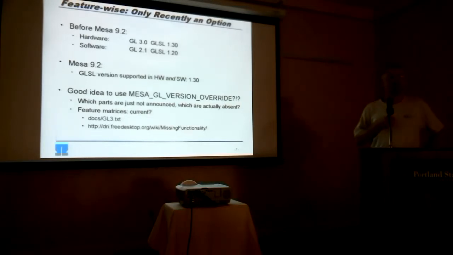What do you think? So I think for the particular case that you have here, where you're trying to use a software rasterizer that's just missing one feature that you're not going to use anyway, the version override is fine. So about your next point, the missing functionality wiki is miserably out of date, and I believe that docs/GL3.txt, people keep it fairly reasonable, but it may not always be correct about which hardware supports which features.